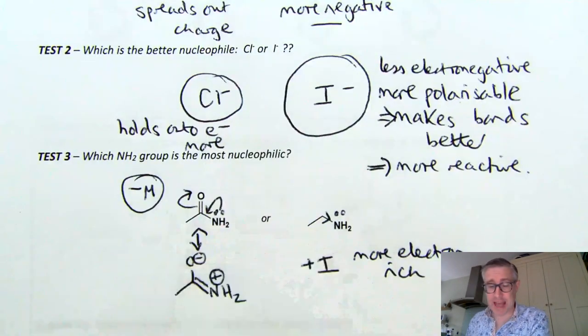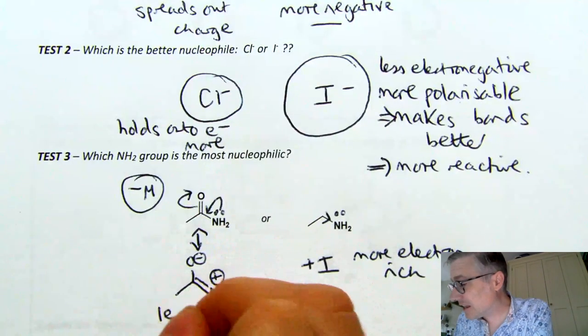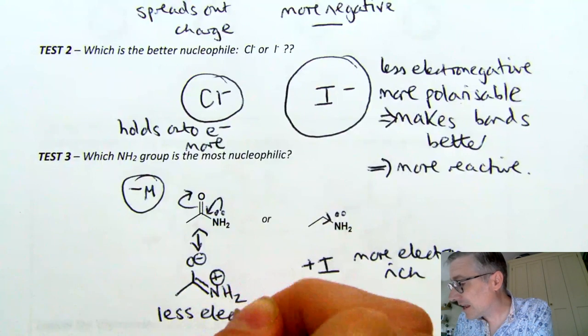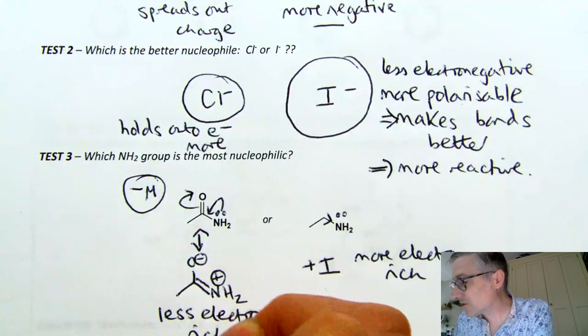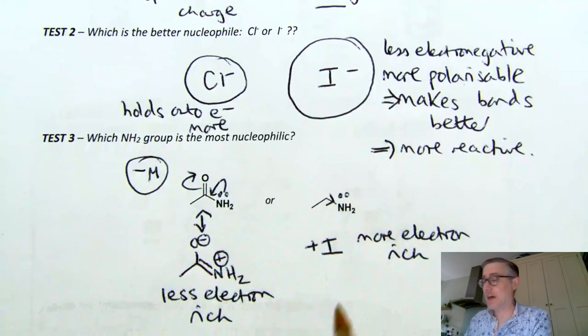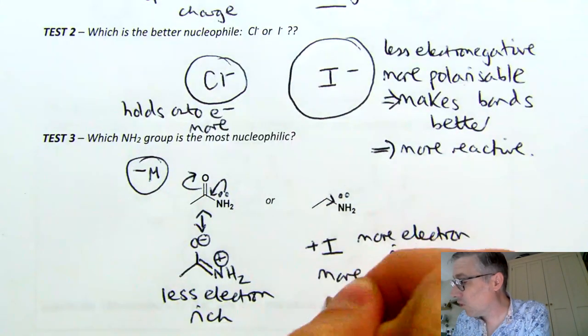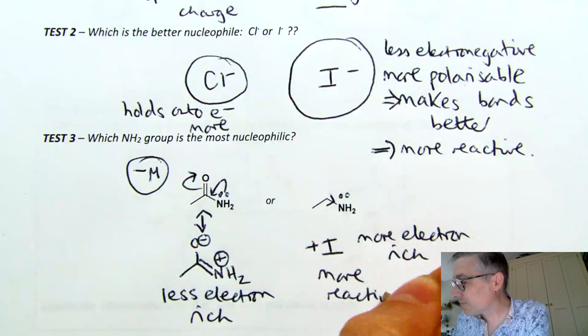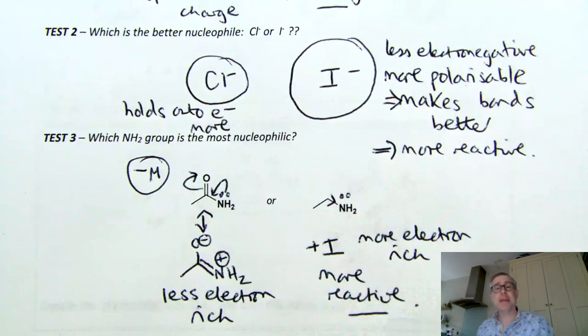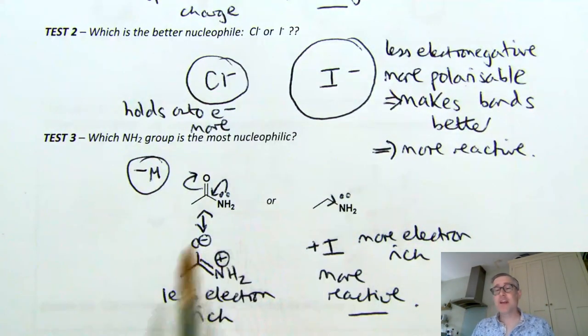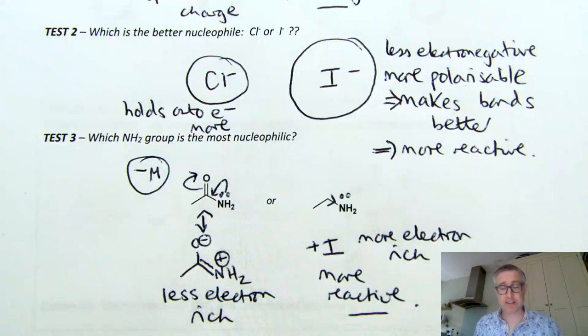And so that minus M effect makes this less electron rich. And therefore the more electron rich one over here is more reactive. Amines are more nucleophilic than amides.